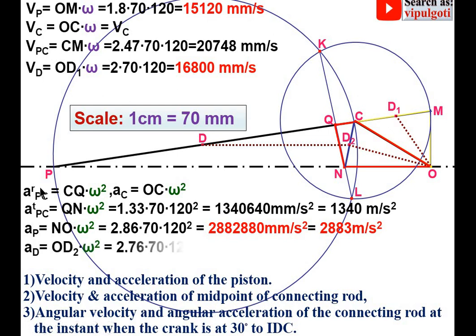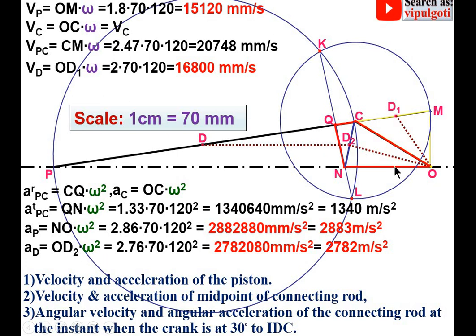Now next, once again, as we have discussed, OD2 represents the acceleration of the midpoint of the connecting rod. So you can say AD is equal to OD2 into omega square. So don't forget to multiply it by omega square in case of the acceleration diagram.